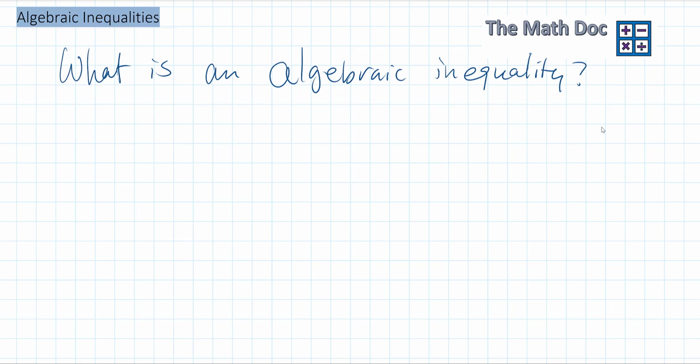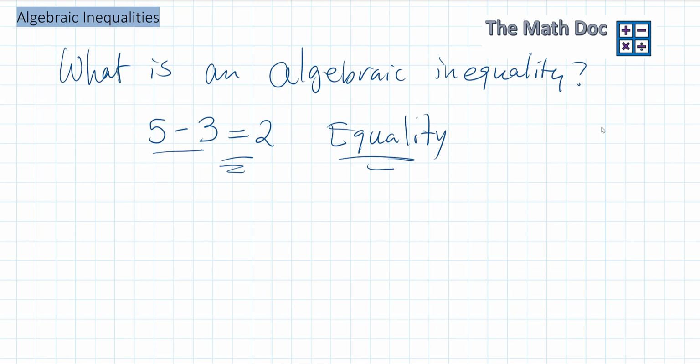So what is an inequality? Well, let's start with equalities. So for instance, we know that 5 minus 3 equals 2. This is an equality, right? Not an inequality, but an equality, because 5 minus 3 equals, comes from the word equals, 2. So that is an equality.